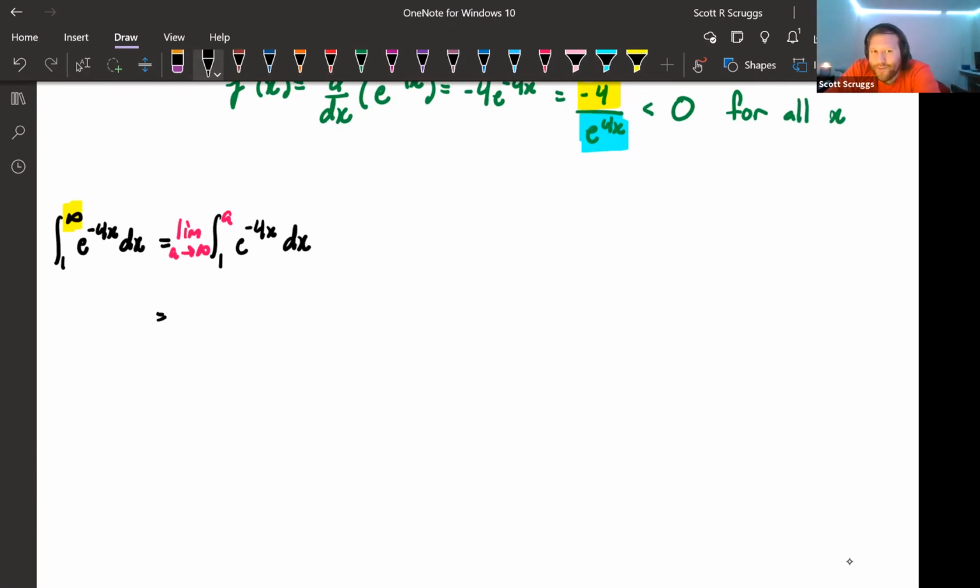So let's keep going. Limit a goes to infinity. So wanting to note, because of notation, as soon as you introduce that limit, it stays with you throughout the rest of your evaluation of that integral.